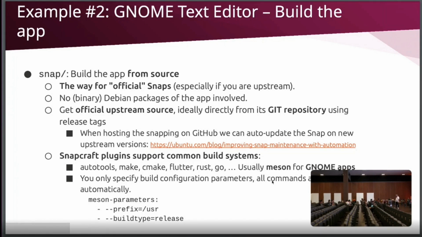The prefix makes the build use directories like /usr/bin, /usr/lib, and not /usr/local/bin, /usr/local/lib. And the build type is because there are probably other build types, for example for debugging, which make much bigger executables. Release is optimized simply to get used.